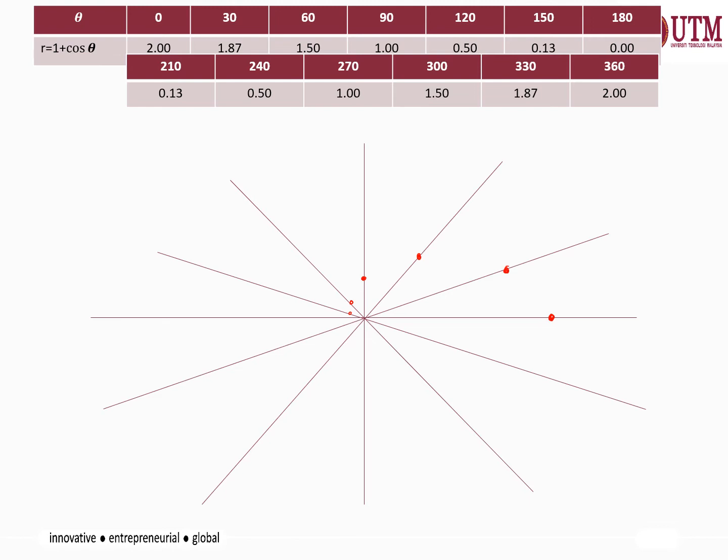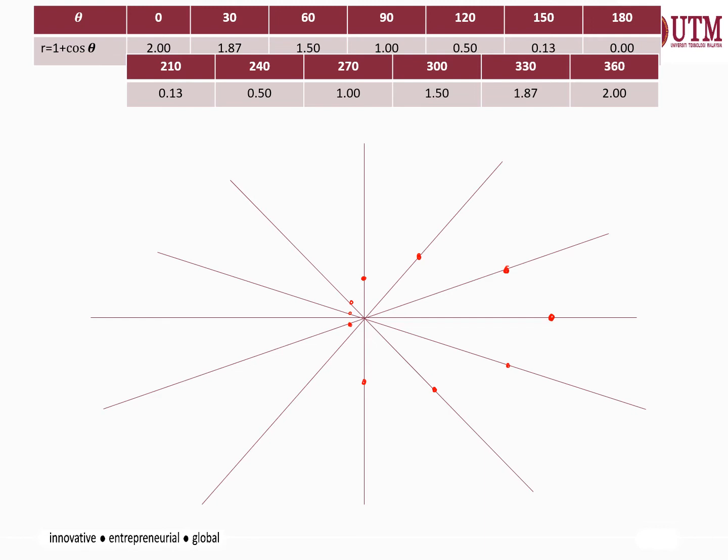Next, at 210 it is 0.13, which is the same as at 150 degrees, so the line should be the same. At 240 it is 0.5, for 270 it is 1, 300 is 1.5, 330 is 1.87, and the last one is 2.